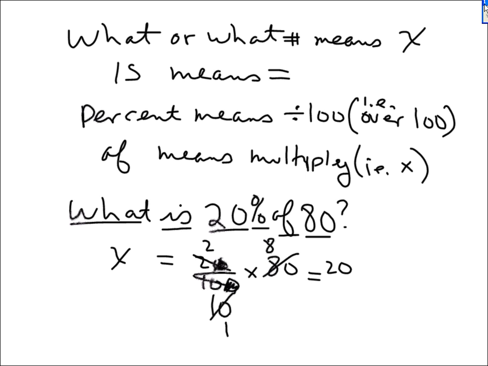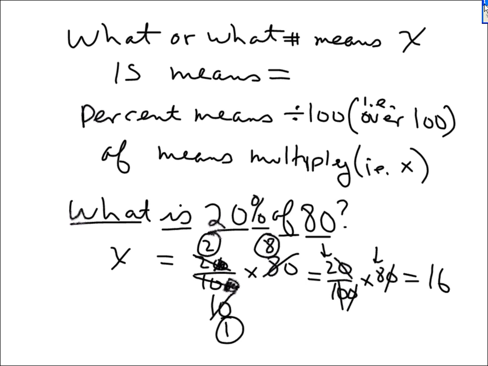That is, if you have 20 over 100 times 80, you can cross off a 0 on the top and a 0 on the bottom, and a 0 on the top and a 1 on the bottom... You're left with 2 times 8 if you did it the first way. If you did it the second way, you're still left with 2 times 8 on the top. And in both cases, you're left with 1 on the bottom. 16 divided by 1 is just 16. So that problem is done.